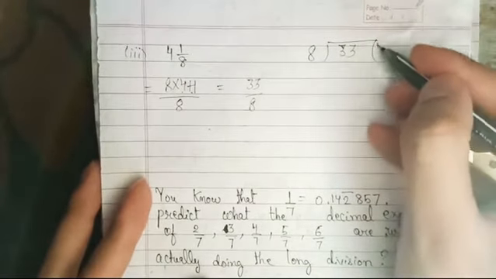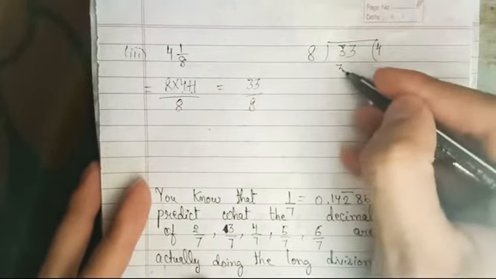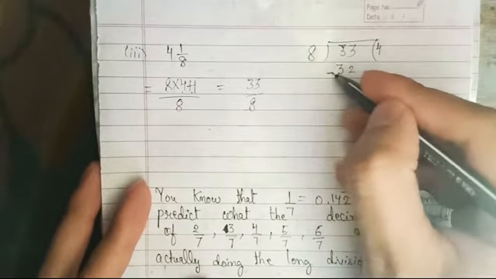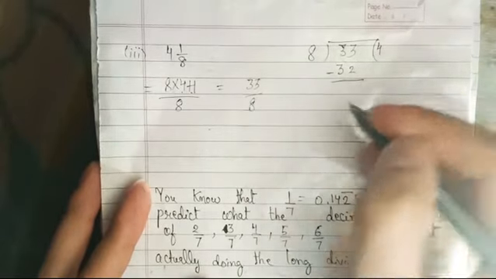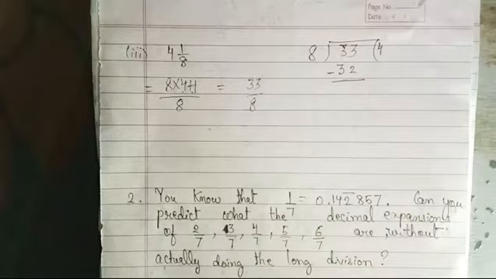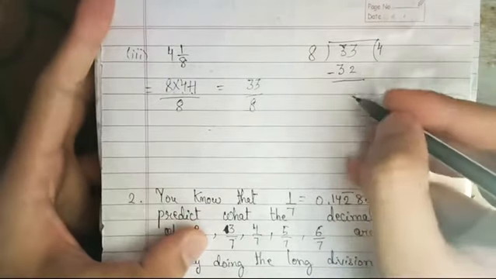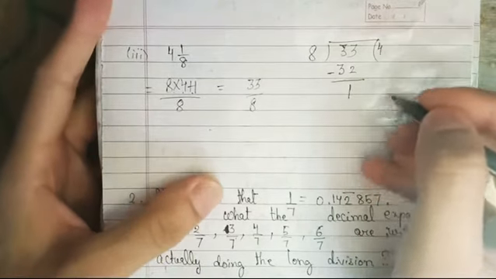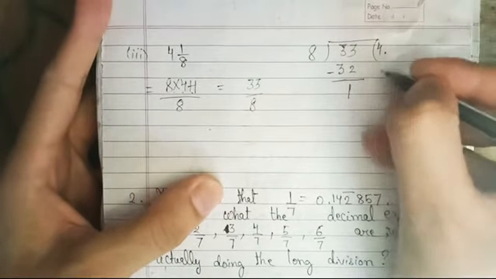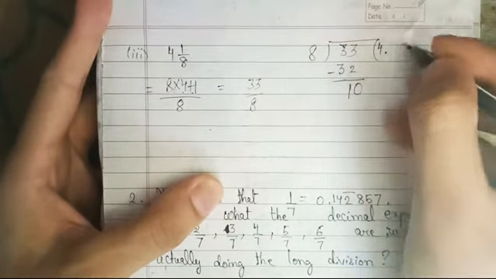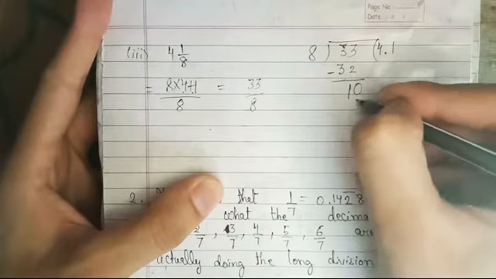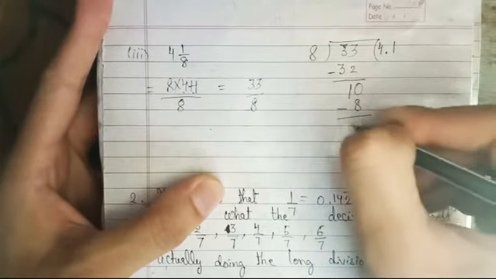How will we divide 33 by 8? 8 4s are 32. On subtracting, you will get 1. Now we'll put a decimal. It will become 10. 8 1s are 8, minus, 2 will be the remainder.